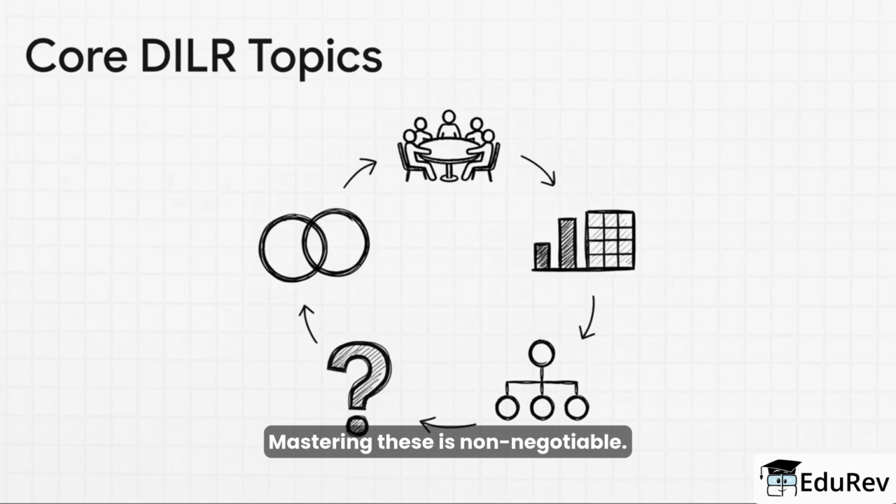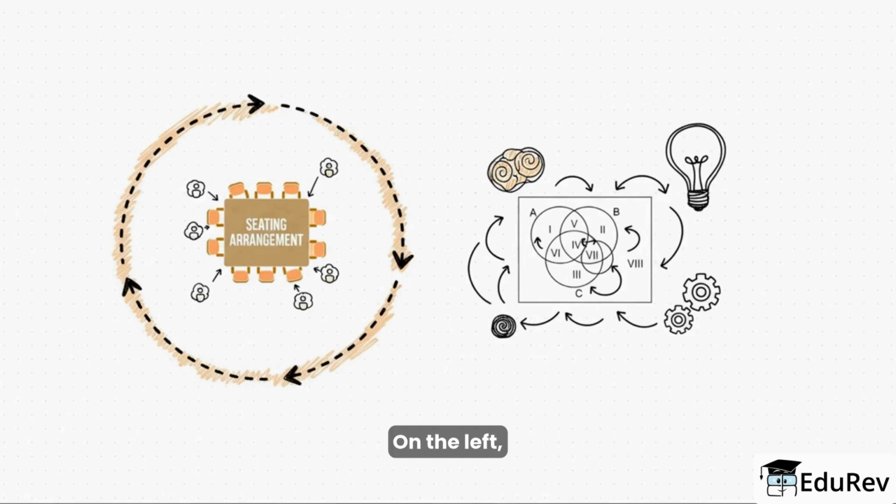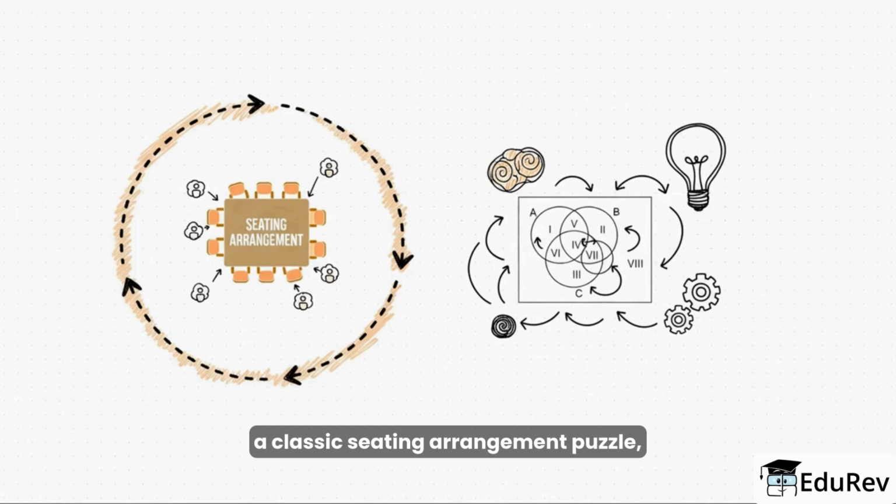Mastering these is non-negotiable. This slide gives you a great visual for 2 of those really core topics. On the left, a classic seating arrangement puzzle, and on the right, a Venn diagram. The key takeaway for both is that success isn't about memorizing rules. It's about being able to actually visualize the logic and see the relationships between all the different moving parts.